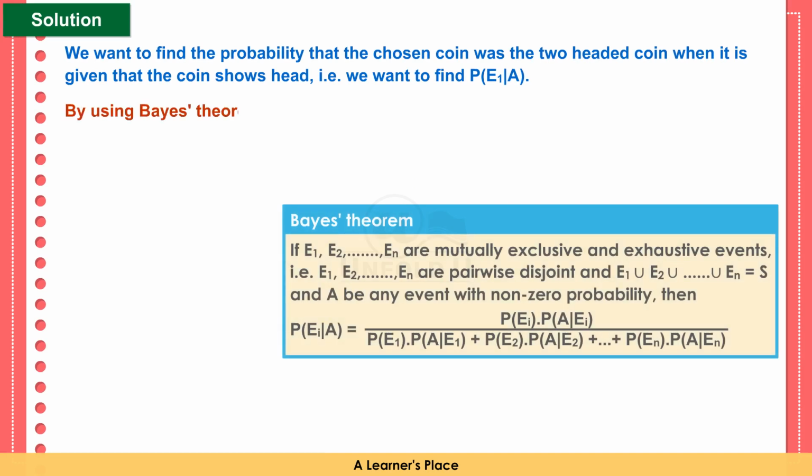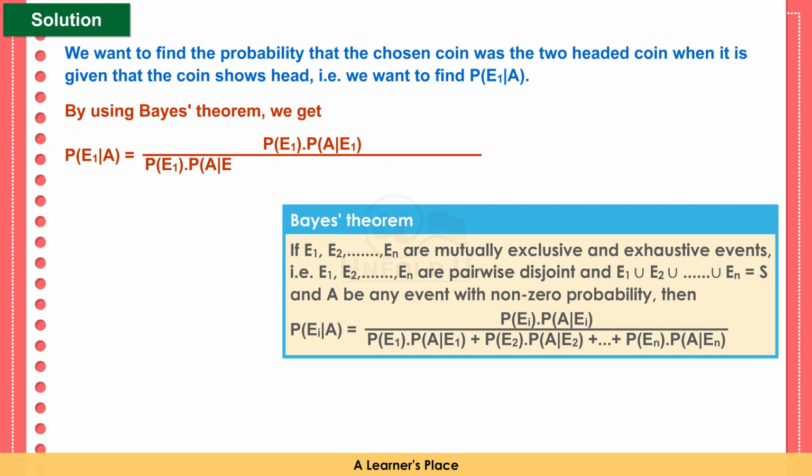By using Bayes theorem, we get probability of E1 given A is equal to probability of E1 into probability of A given E1 upon probability of E1 into probability of A given E1 plus probability of E2 into probability of A given E2 plus probability of E3 into probability of A given E3. Mark this equation as 2.